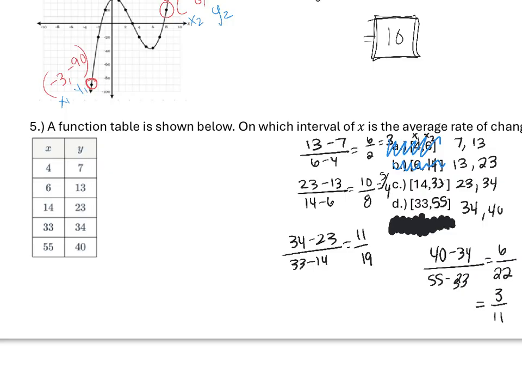If you put these in your calculator, you can get the answer. This one's -0.579, and this is 0.027. So which one is smallest? This one. Okay? So that can be helpful to compare the decimals because it is harder to compare fractions just by looking at them.